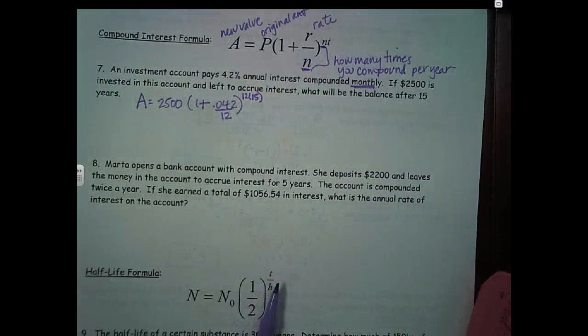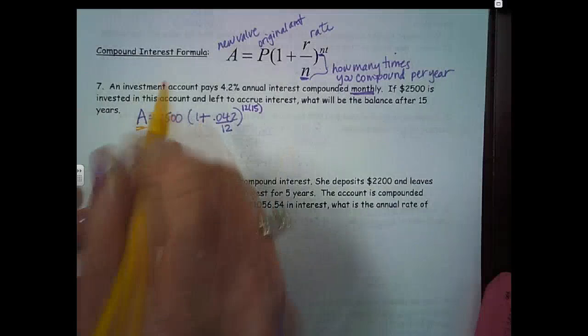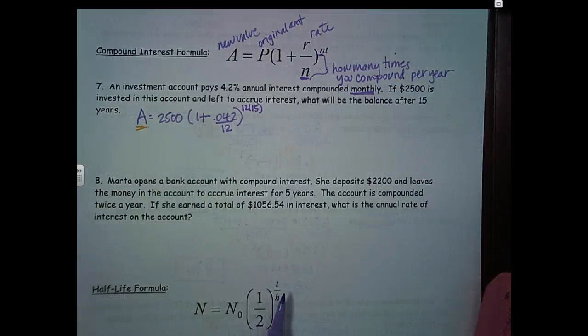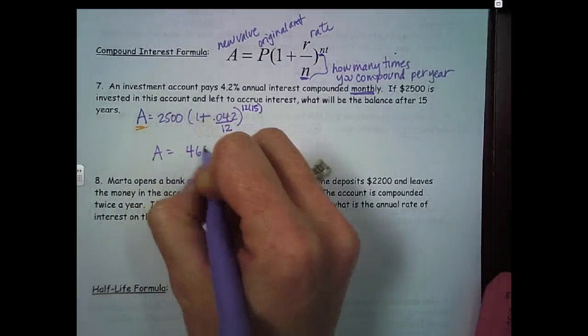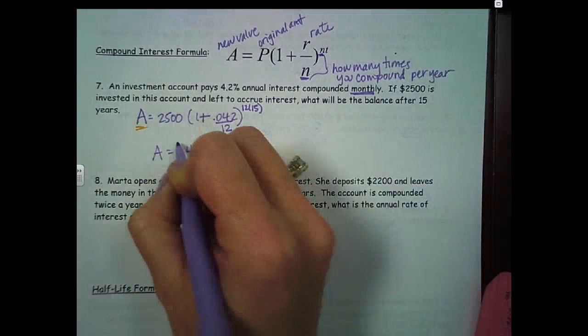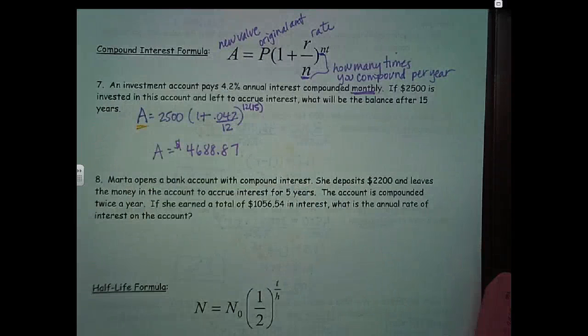Because your A is on the left side, you can just type this straight in your calculator. And you might want to try it to be sure you're getting the right answer. But I got $4,688.87. So their $2,500 turns into almost $5,000.